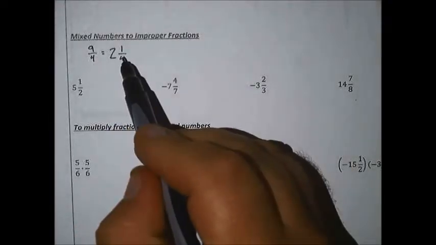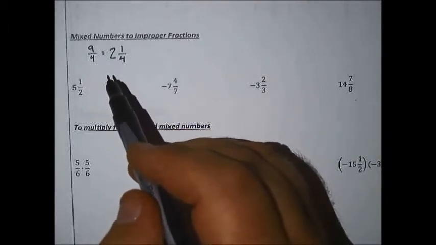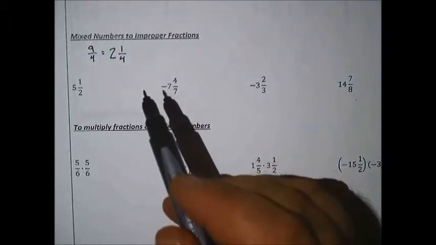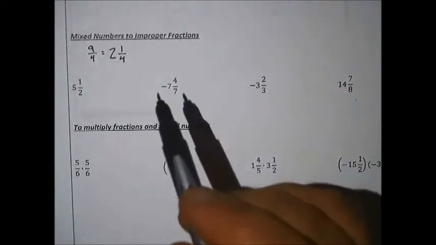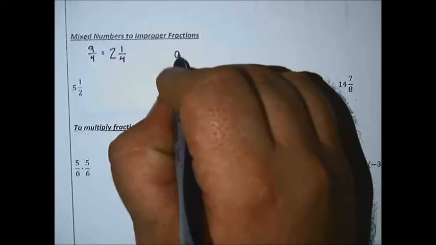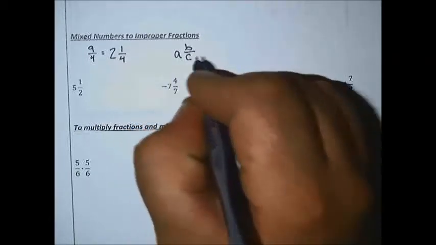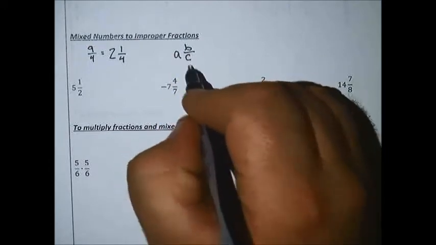So what we're going to do is learn how to, when we know how to go this way, I want to know how to go backwards. It's a lot easier to deal with multiplying and dividing fractions if I know what the improper fraction is. Okay, I'm going to look at a very general case. Let's say we had A and B over C, so like 2 1/4.